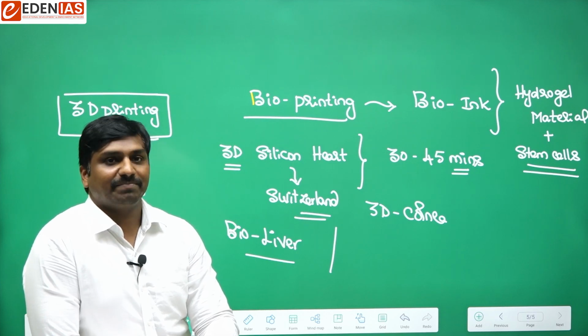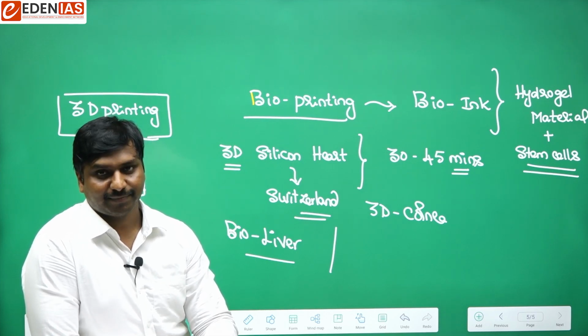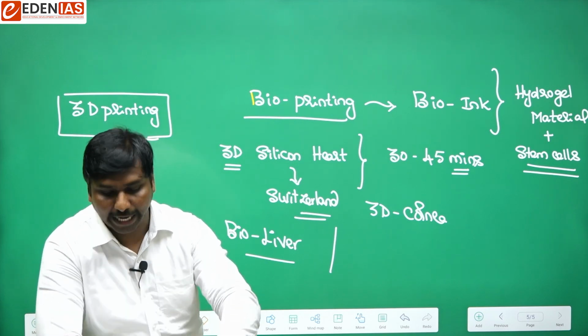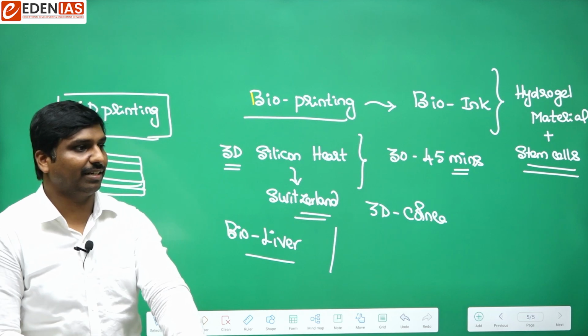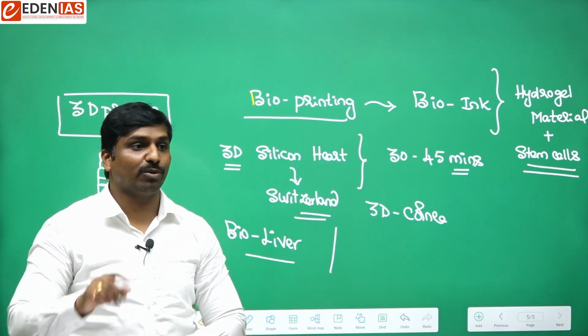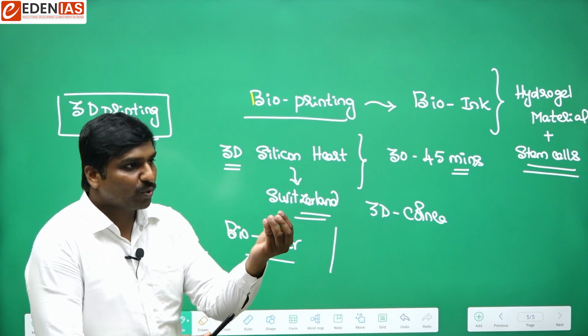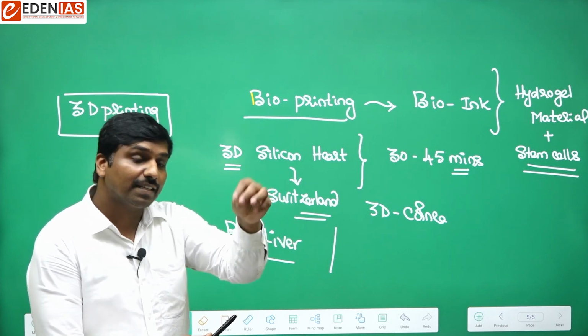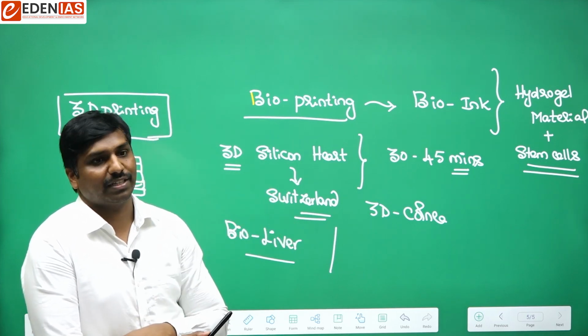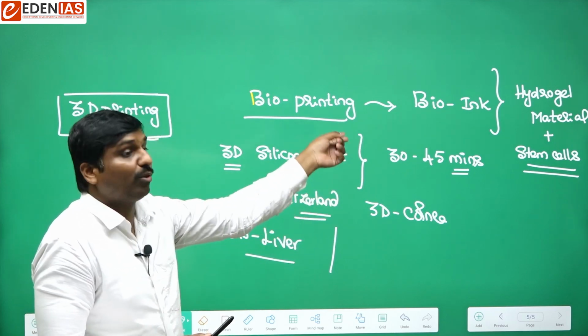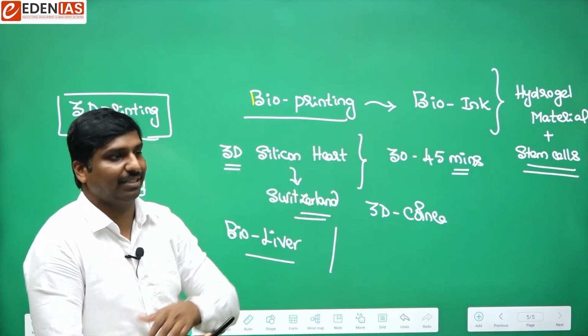When we are talking about the heart, it is made from only two materials, hydrogel-like biomaterial and stem cells. It's not hydrogen, it's hydrogel, a kind of jelly material which consists of these stem cells. Is that clear?